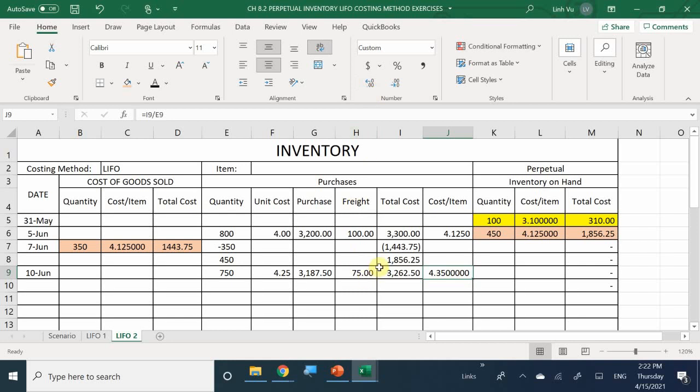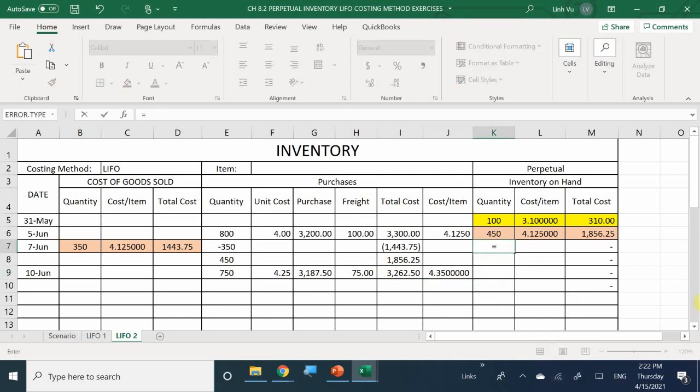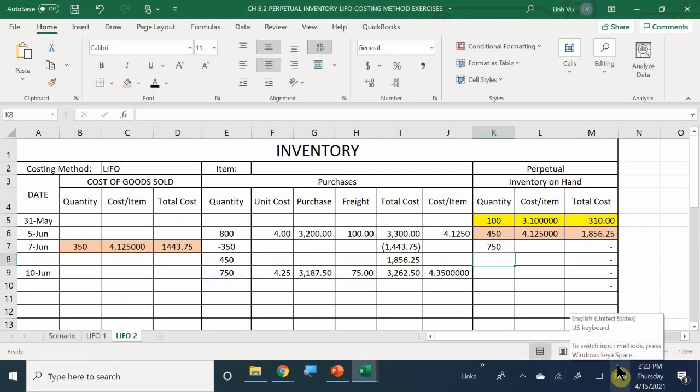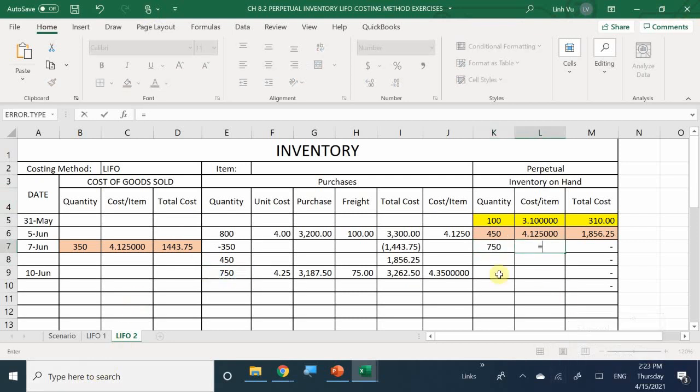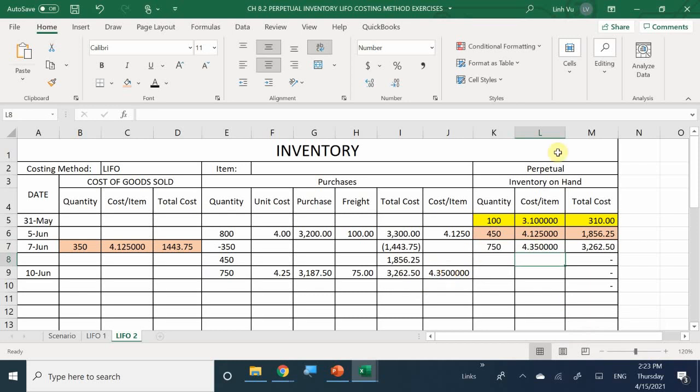So this is an easy, nice number. But we're still going to go ahead and just enter it into our inventory on hand. So we have 750 at $4.35 to calculate our grand total of $3262.50.